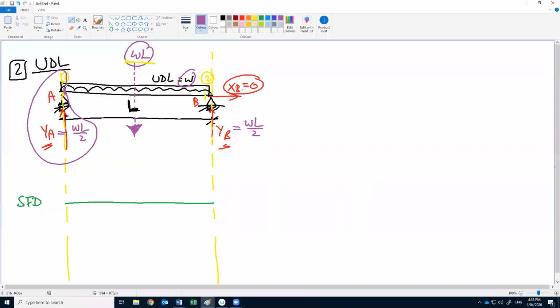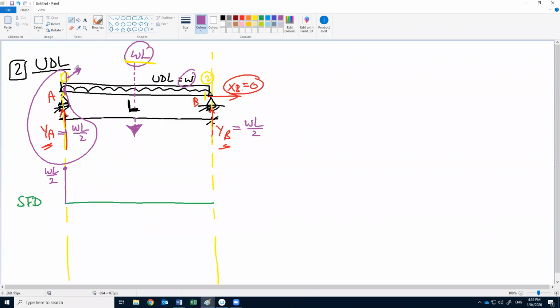The reaction, or do we have any other thing causing shear? Only this force causing shear, and the force is going upward, right? So if the force is going upward, this means that we have positive shear here. The value is WL divided by 2. Okay. From 1 to 2.